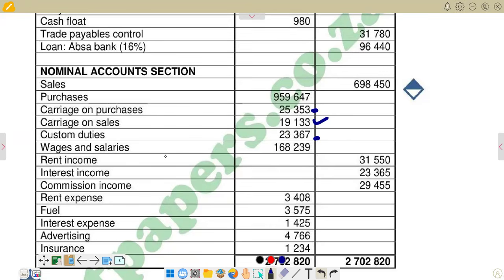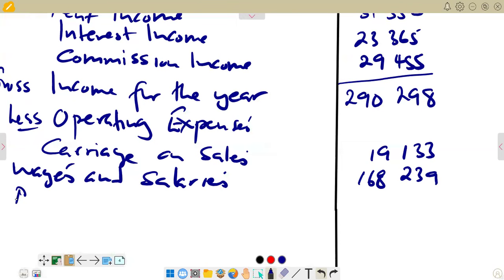And then we picked wages and salaries, 168,239. And then the next expense that we picked there is rent expense, which is here 3,408. So we can just go there for rent expense. You put 3,108. So we go back again to see other expenses beneath that we have.